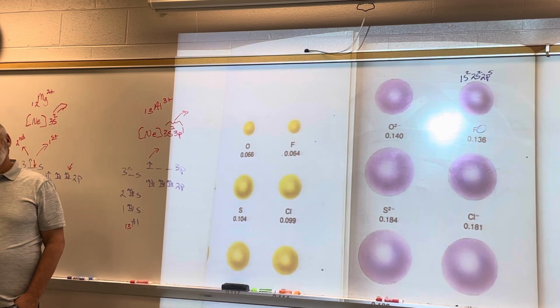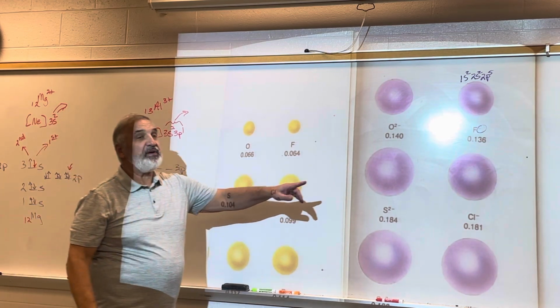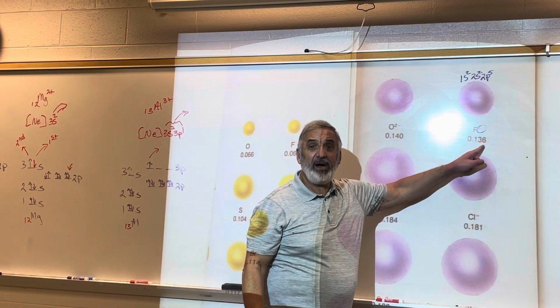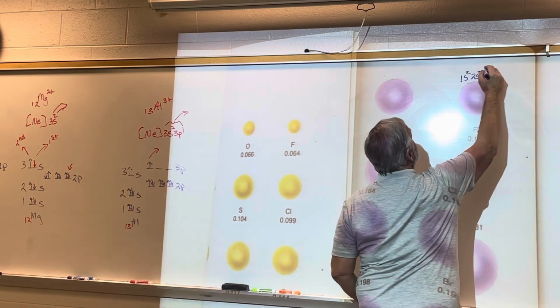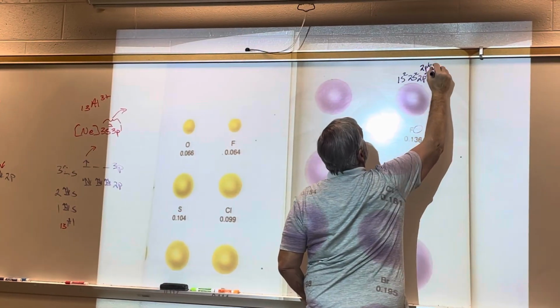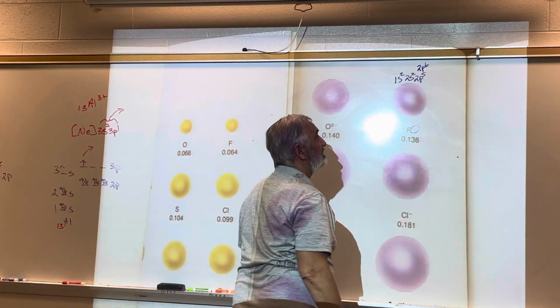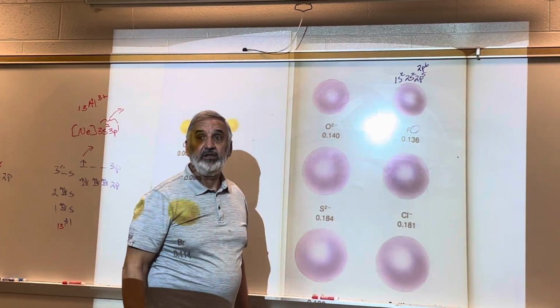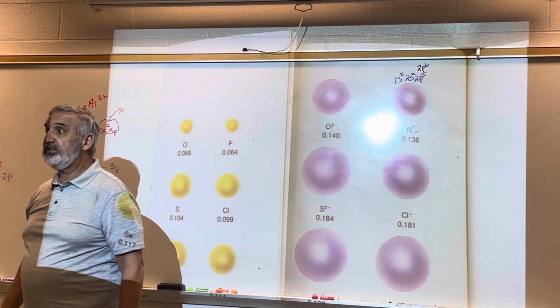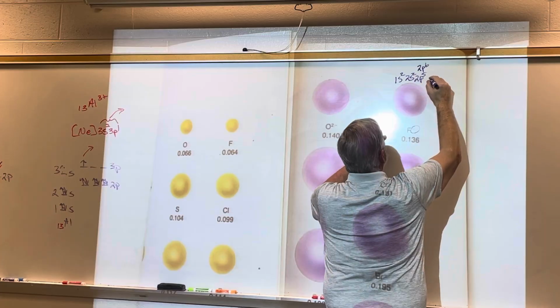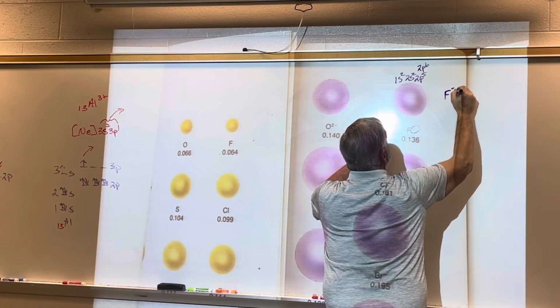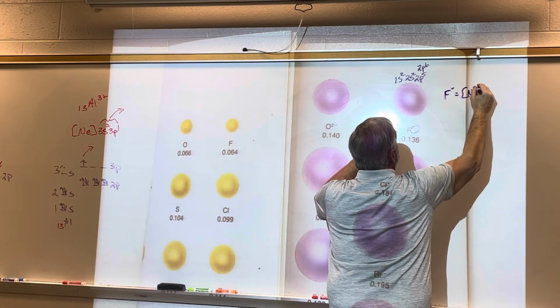Now, if I have an F minus, what does that mean in terms of electrons? You're gaining electrons. So now it's going to be 2p6. So what's that going to be the same as? Which is neon. So F minus is the same as neon.